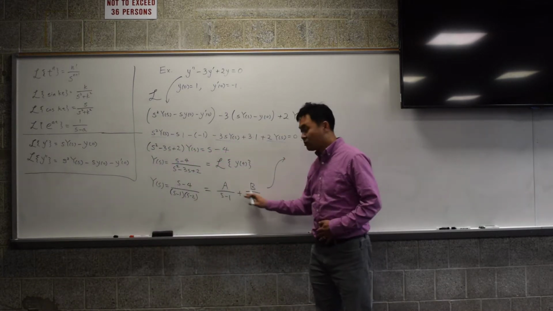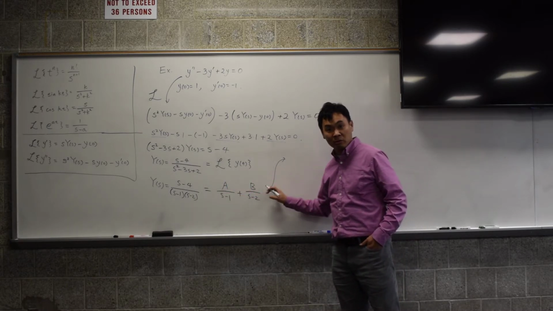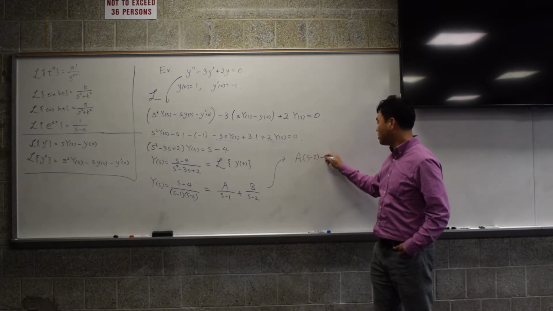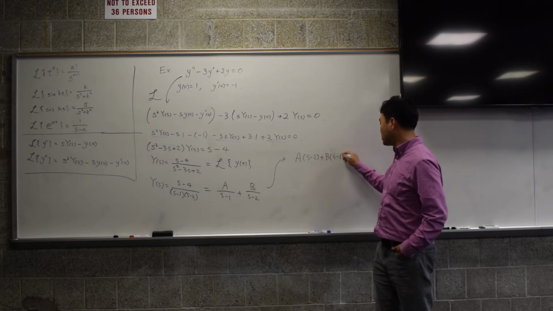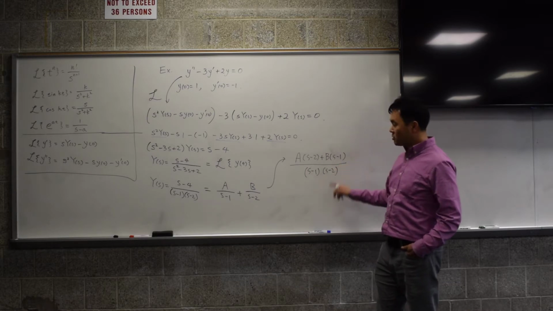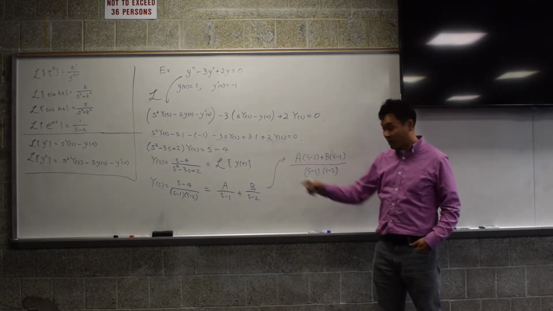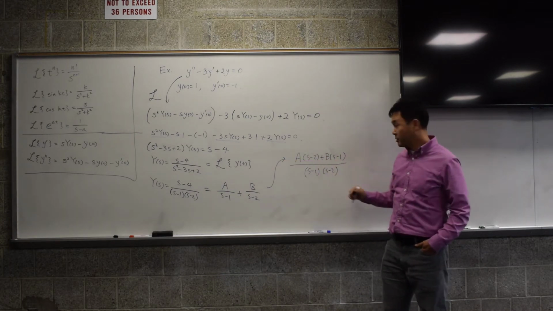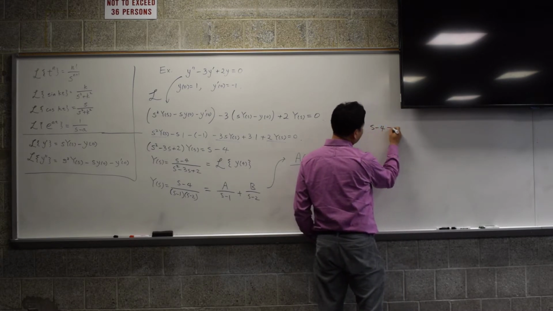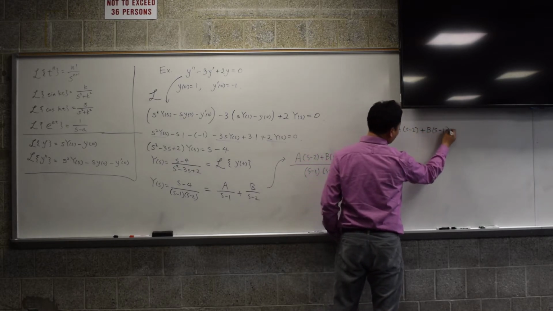You can combine these two into a single fraction: s minus 2 can be multiplied here, s minus 1 can be multiplied here. So you get A times (s minus 2) plus B times (s minus 1) over (s minus 1)(s minus 2). And since I'm saying this is equal to that, the numerator s minus 4 should equal the numerator of this side, right? So I get s minus 4 equal to A(s minus 2) plus B(s minus 1).